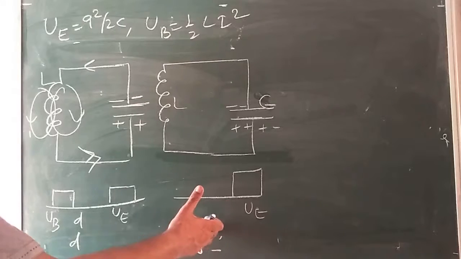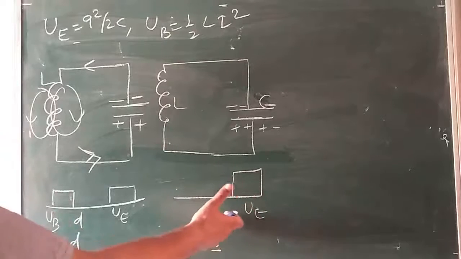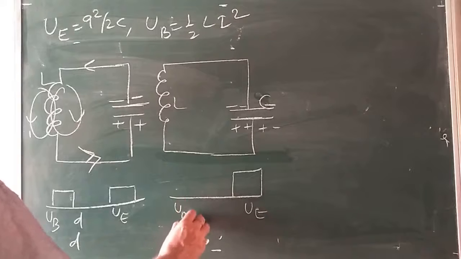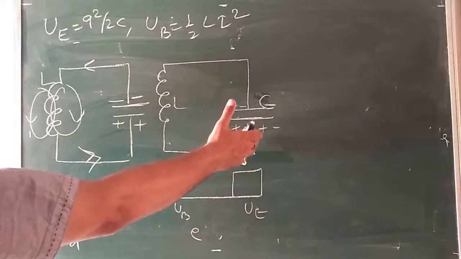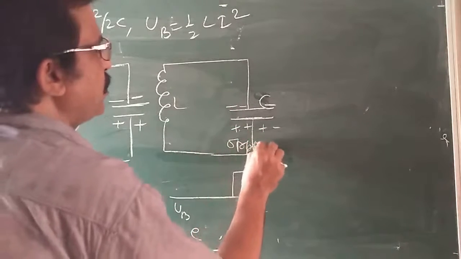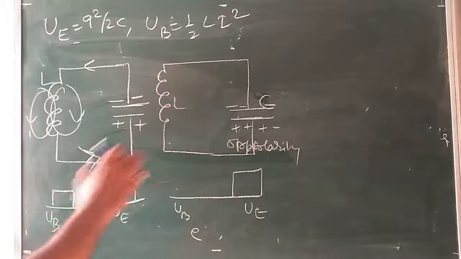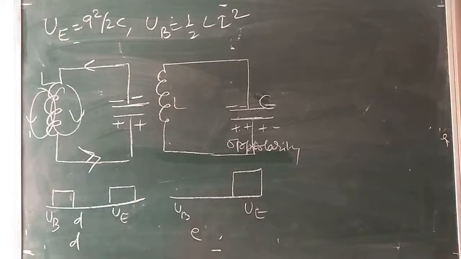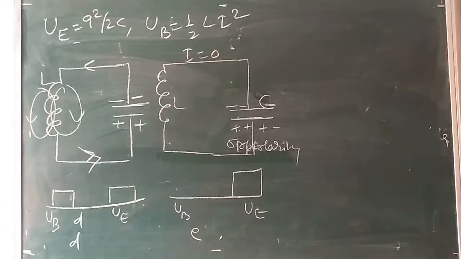You can see in this stage the total energy is converted again into electrostatic energy, and there is no energy UB here. So in this stage, the capacitor is recharged fully with opposing polarity, opposite to that of A, the first figure, and hence there is no current. So in this stage I is equal to 0.